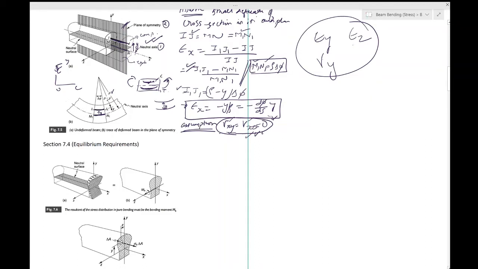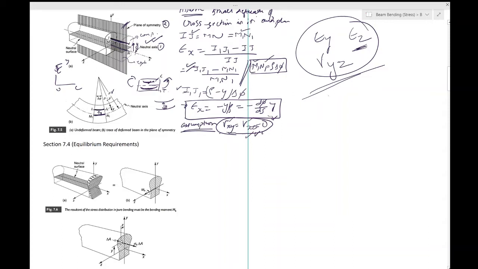So your epsilon z has to be symmetrical about the plane of symmetry. Same would be for epsilon y, and automatically gamma yz as well. Okay, so we did not make this comment in your textbook. You should just check whether you have epsilon y, epsilon z and gamma yz. I think this is wrongly written in your textbook, which you can make a correction.